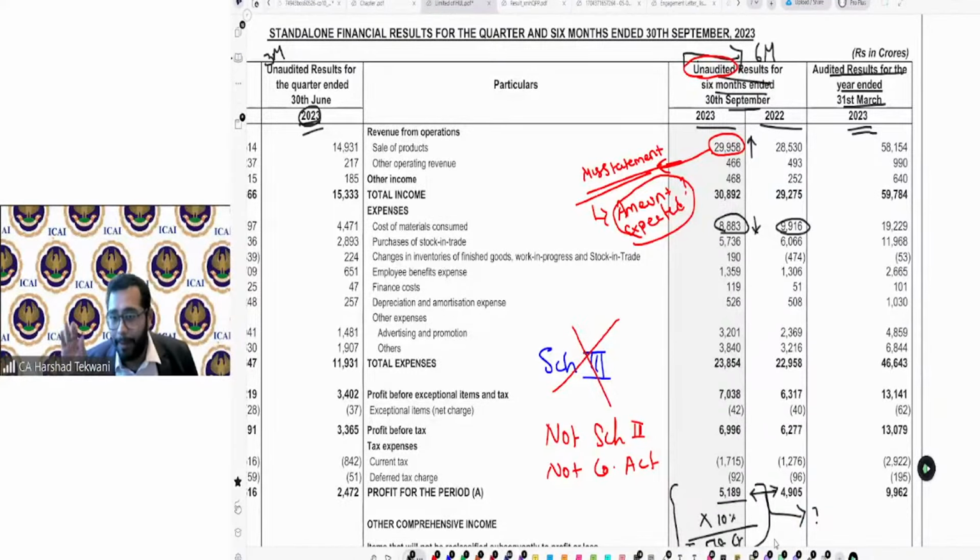Based on my analytical procedures and inquiry, I came to know there is something inappropriate, and I need to go and do further detailed procedures. Now, SRE never restricts you from performing additional procedures. It says that you need to perform additional procedures when you identify something inappropriate, or you identify there could be a misstatement.